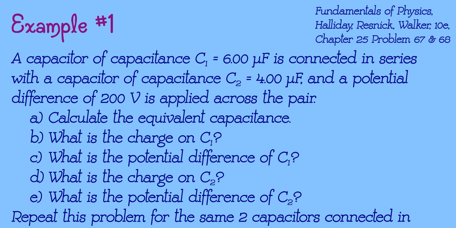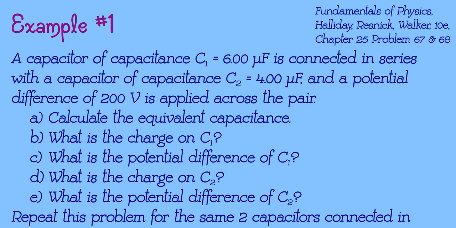To check your understanding after watching this video, I have a problem for you from your textbook. This is actually a combination of problems 67 and 68. We have two capacitors, a 6 microfarad capacitor and a 4 microfarad capacitor, connected in series, with a potential difference of 200 volts applied across them. You could think of this as being connected to a 200 volt battery.